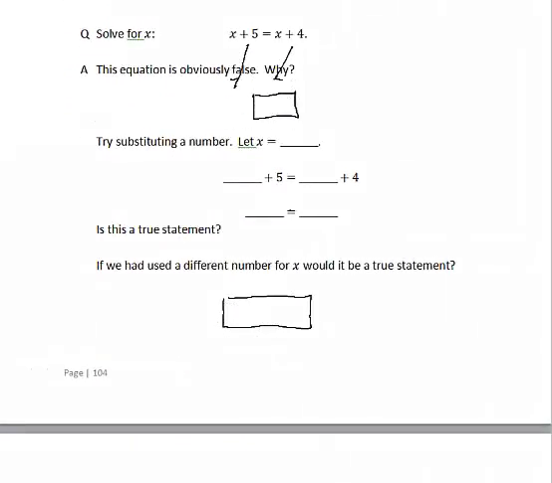Alright, so let's try a number anyway. Let's say -5. So on one side I take -5 and add 5, I get 0. But now on the right side I add 4, I get a -1.